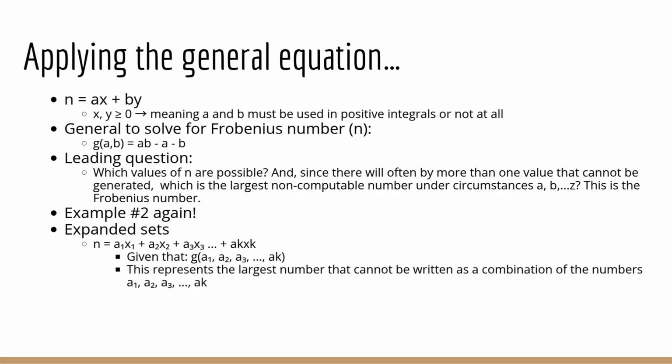And the largest number that cannot be written with numbers a1, a2, a3 through to ak is then the Frobenius number. And thanks to this formula, we don't have to test each subsequent number one by one with the brute force method. It tells us that there will always be a largest number that we cannot write with ax plus by. But then every number after the Frobenius number is possible to represent with a given set of numbers.